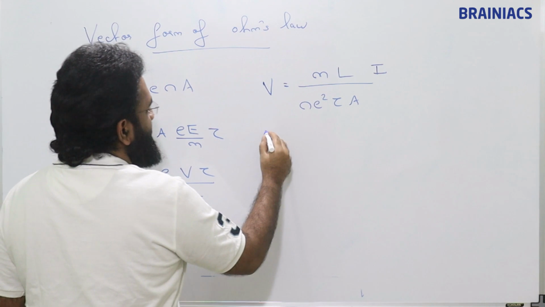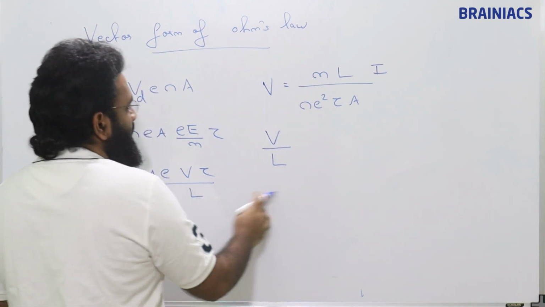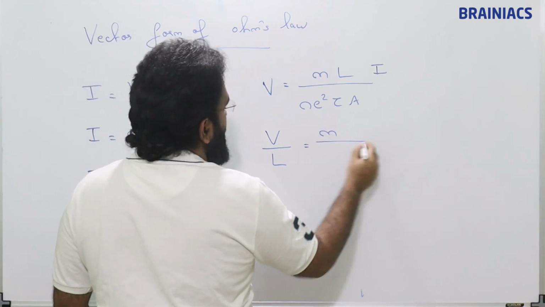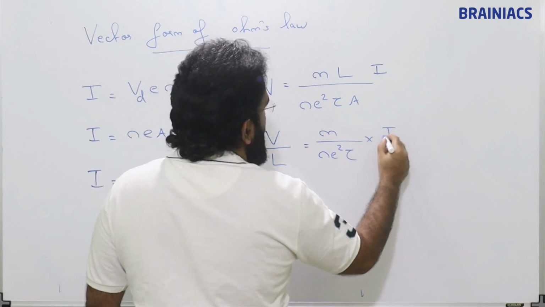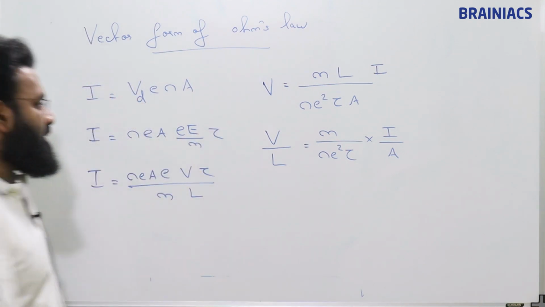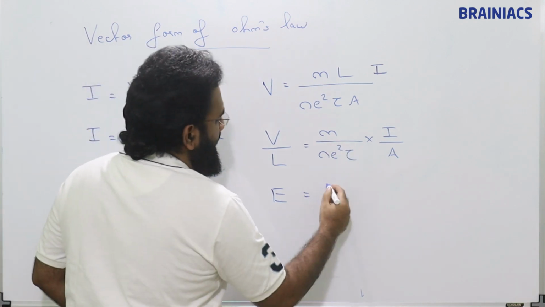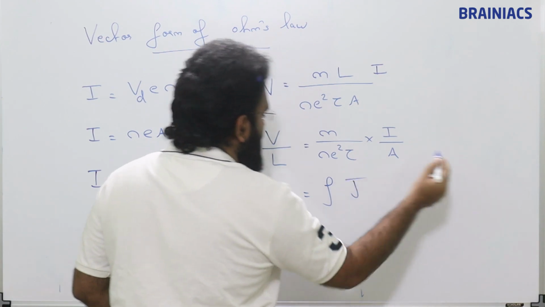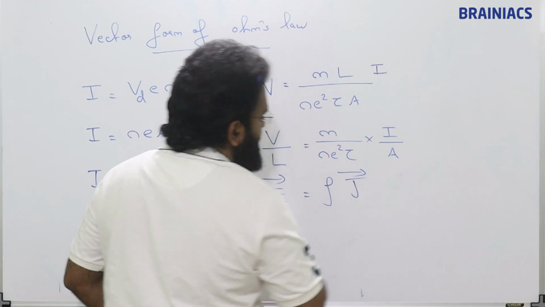Now we will bring this back like V by L, and we will put m by n e squared tau into I by A. Now V by L is nothing but E, this is nothing but rho, and I by A is nothing but J. Electric field is a vector, current density is a vector.